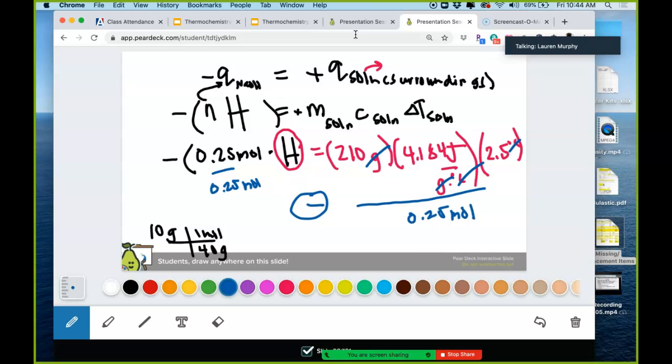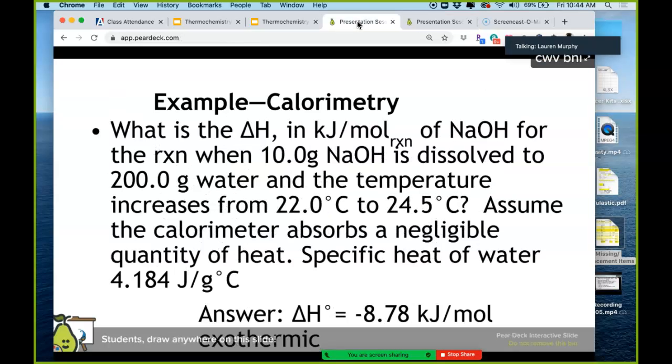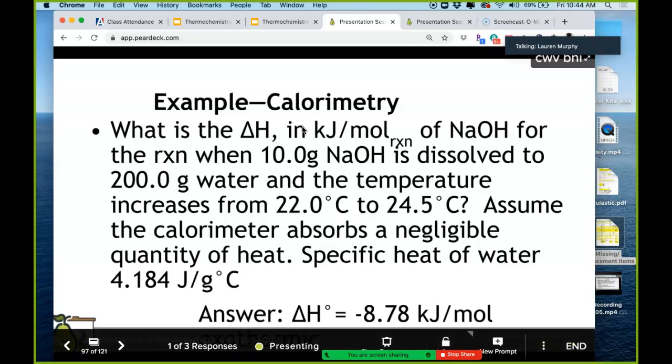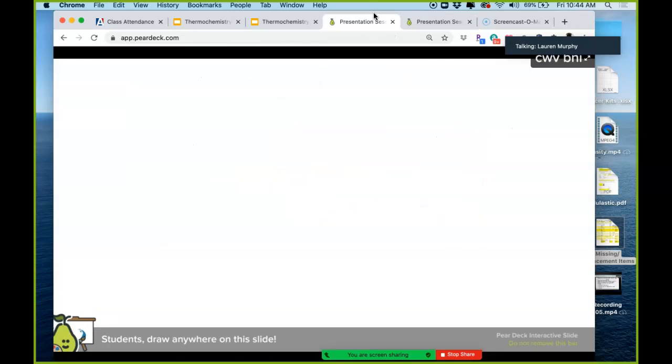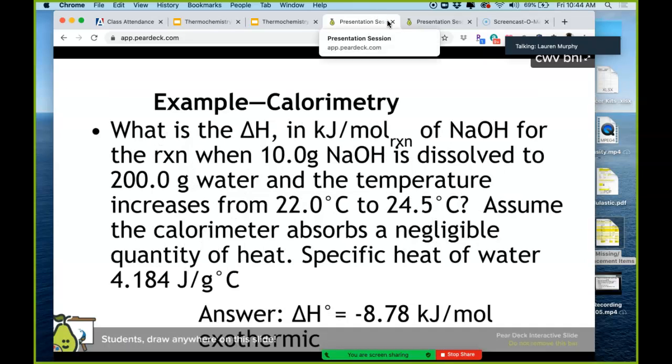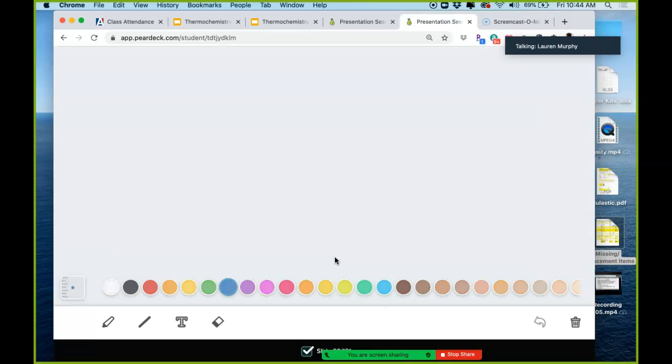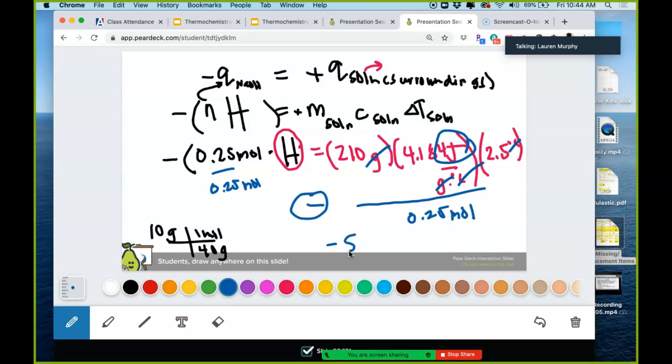I'm pretty sure the problem asked for it in kilojoules per mole, and right now we're in joules. So whatever answer you get, you have to divide by 1,000, because this answer comes out to be in joules per mole. You should get, I think I have the answer in there, negative 8.78. A couple of kids got negative 8.79. Okay, negative 8.77, fine.